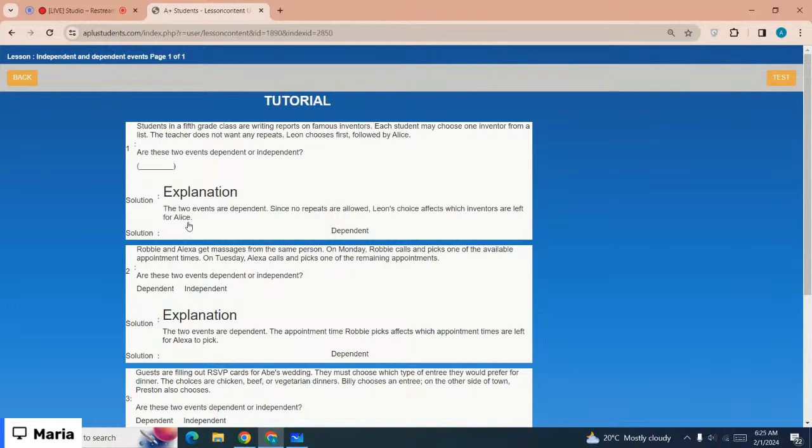So they are dependent events, right? The two events are dependent since no repeats are allowed. Leon's choice affects which inventors are left for Alice. That is a dependent event. Whenever repetitions are not allowed, that means the event is dependent, right?